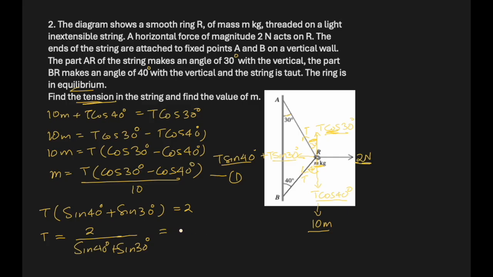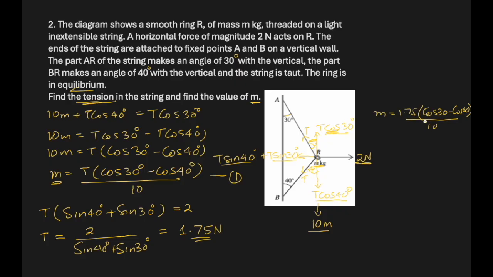Thank you. What I'm getting is 1.75 newtons. Now we need the value of m also. So let me do it here. m equals T, which is now 1.75, so 1.75 times (cos 30 minus cos 40), divided by 10.